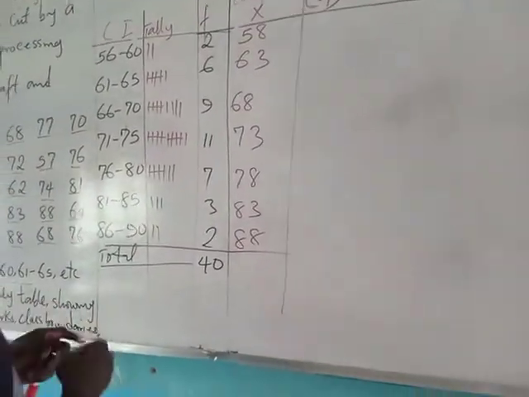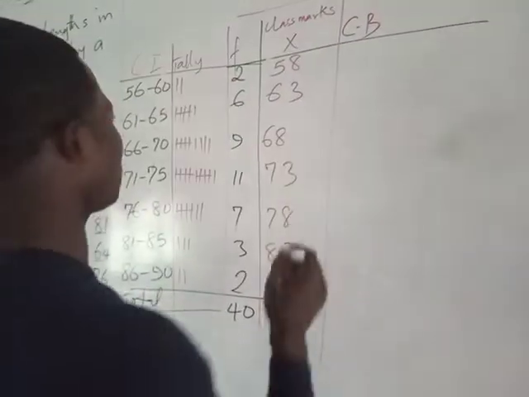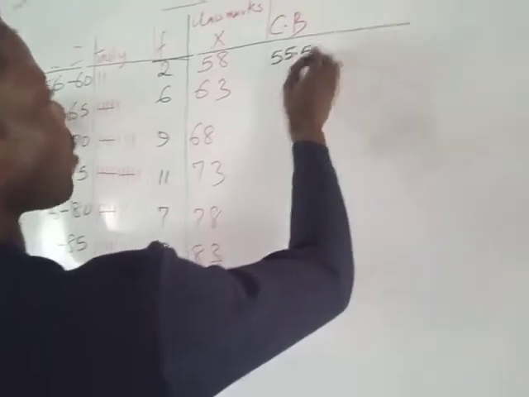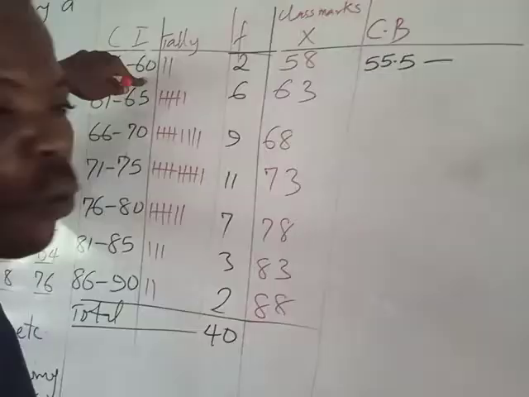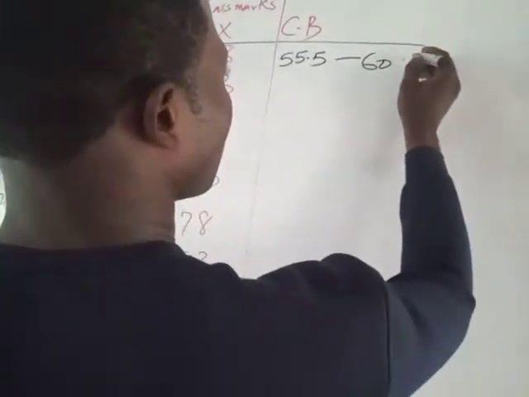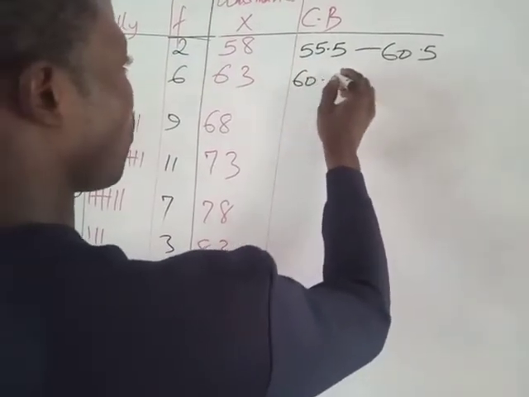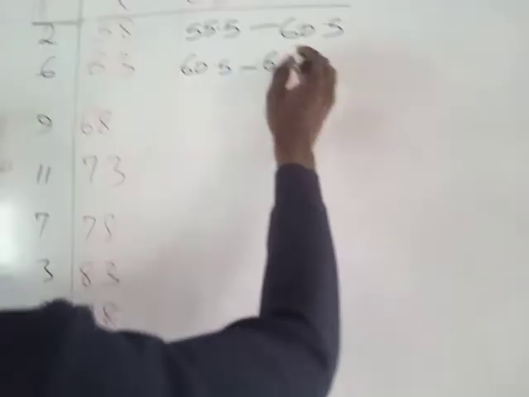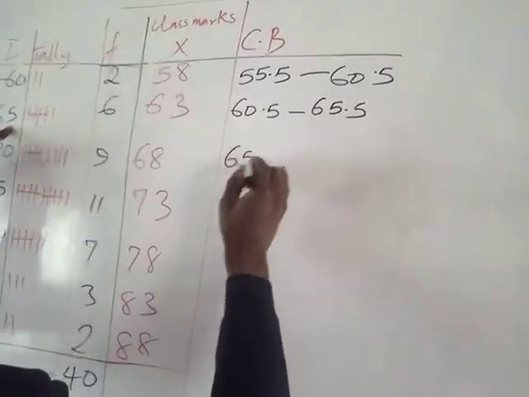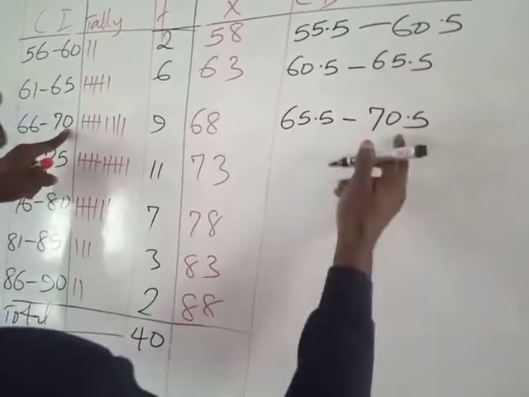That is, 56.5. When you subtract 0.5 from it, we are going to have 55.5. And when you add 0.5 to 60, you are going to have 60.5. So the same thing, we have 60.5 to 65.5. Then 65.5 to 70.5.